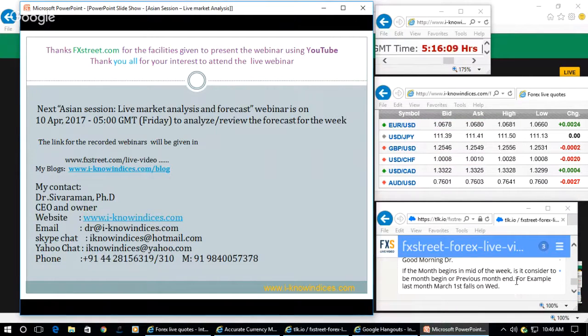Okay. Whenever you find that the current month gets over in a week, the same week, then next month starts. Say, for example, 30th and 31st of the month, following that 1, 2, 3 of the following month in the same week, you will come across the trend reversal prevailing within those 5 days.